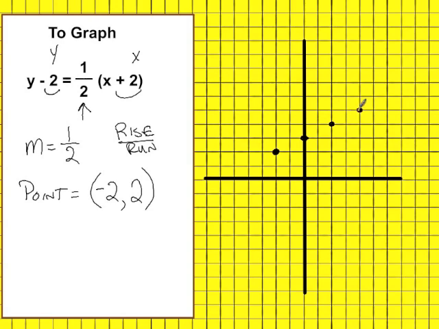Rise 1, run 2. Then we're going to connect the dots, and we have our line. We don't have to worry about finding the y-intercept or anything. All we need to do is get our point, which is the opposite from our equation, and our slope, and we can graph it just like that also. So this is all the basics and the beginnings of point-slope form.